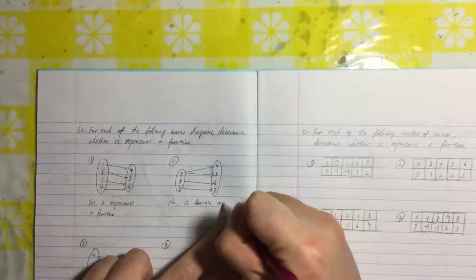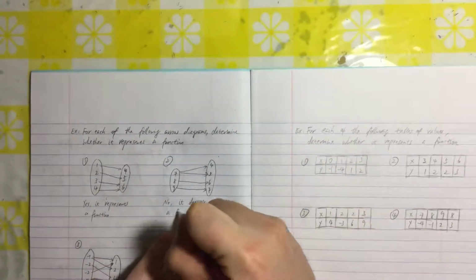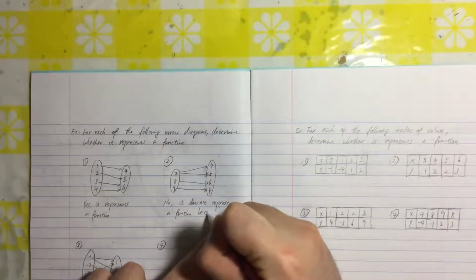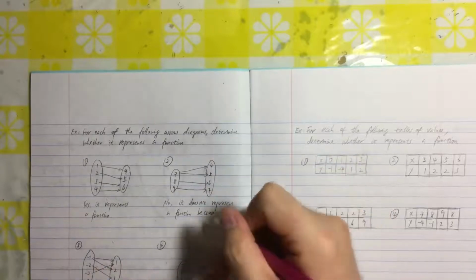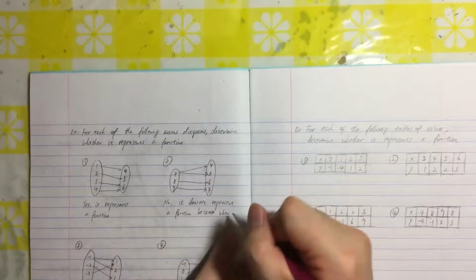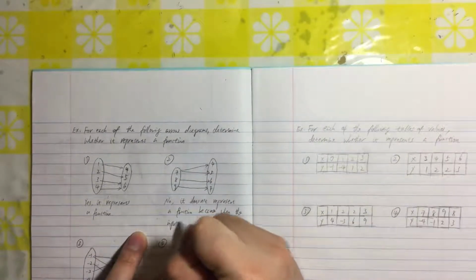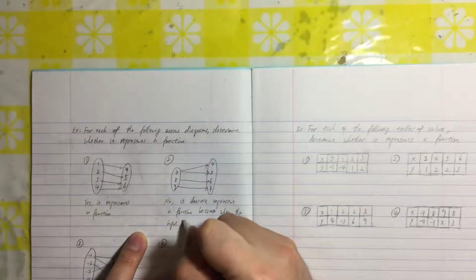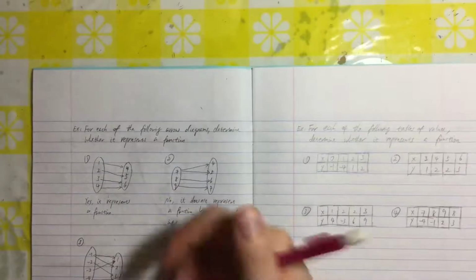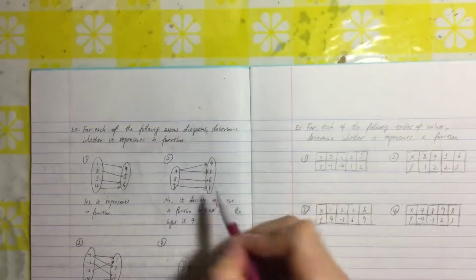It doesn't represent a function, because when the input is 7, there are two outputs, 4 and 5.